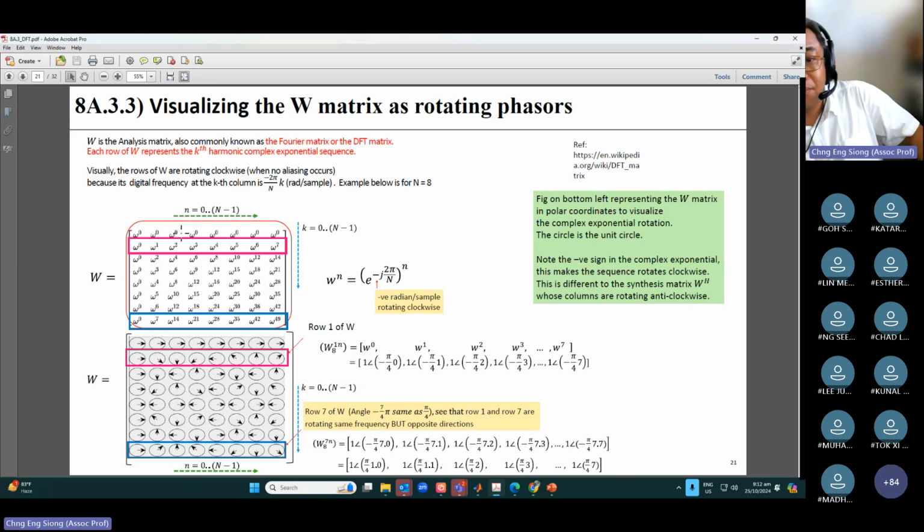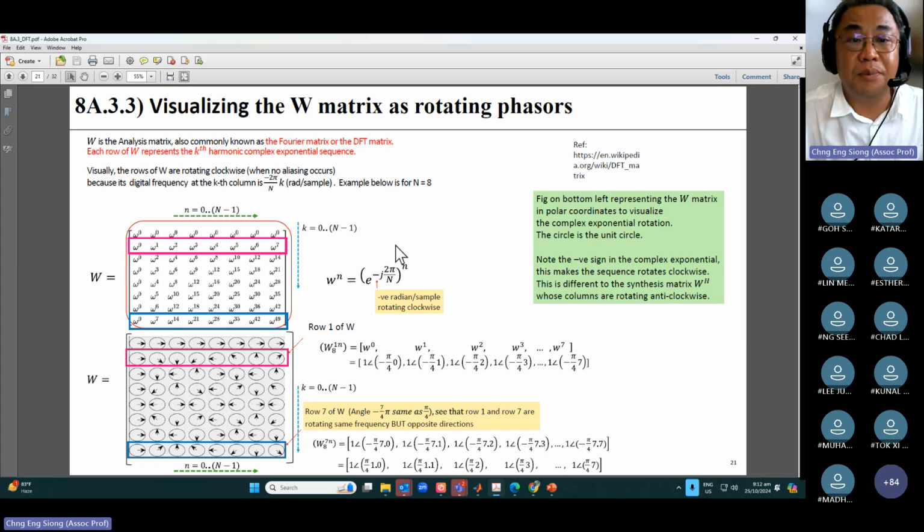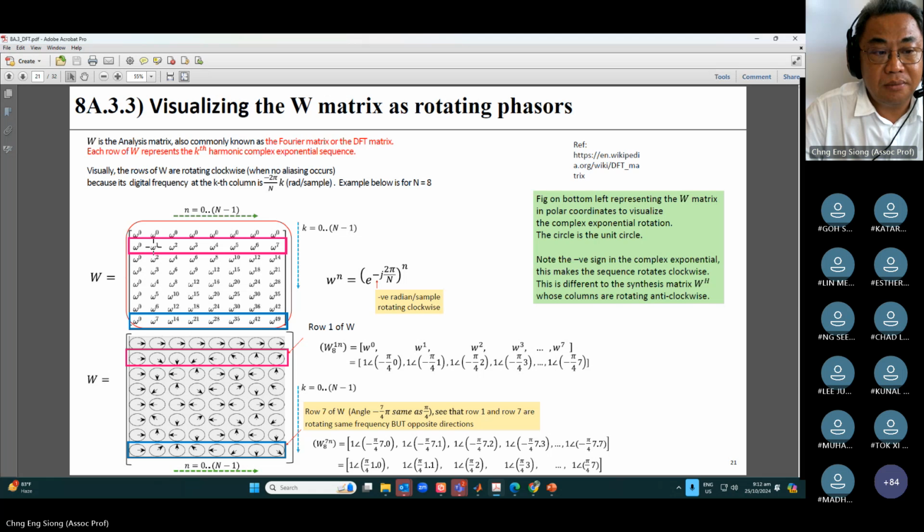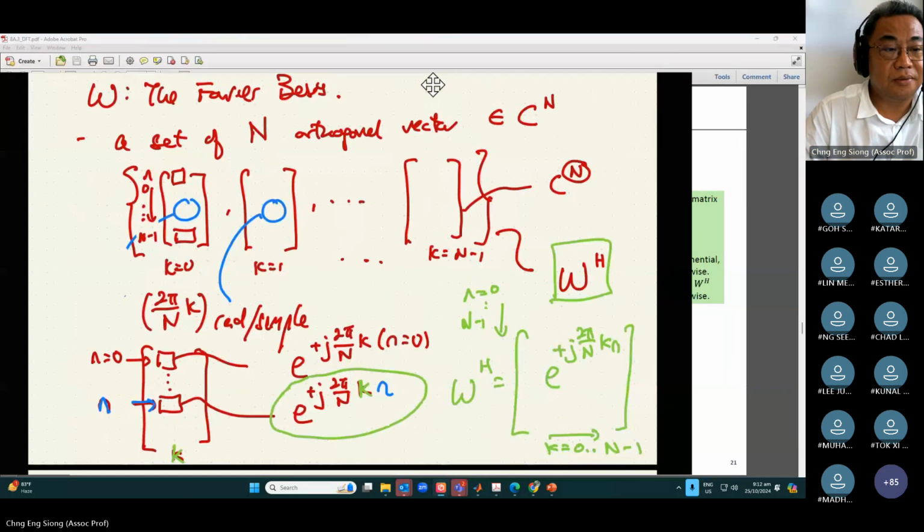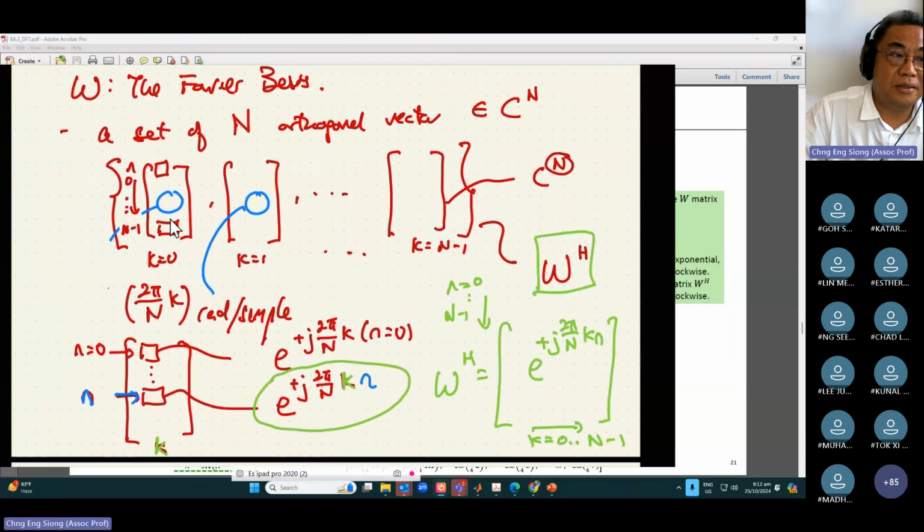Okay, let's do it W. Visualizing W as a rotating phasor. This W matrix, later on you realize that. Let me try to figure this out. What would be a good way to explain? Okay, let's still stick around here.